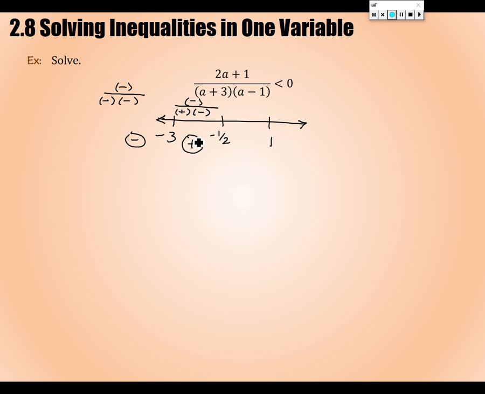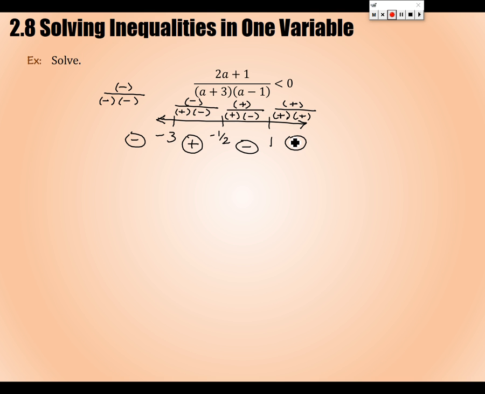And then in between here, say we're at 0. If a is 0, what do we get? Positive on top, positive, negative, so that comes out to be a negative. And then over here, if we're at a equals 1,000,000, positive, positive, positive, so we get positive. All right, so now we're prepared to answer the question.